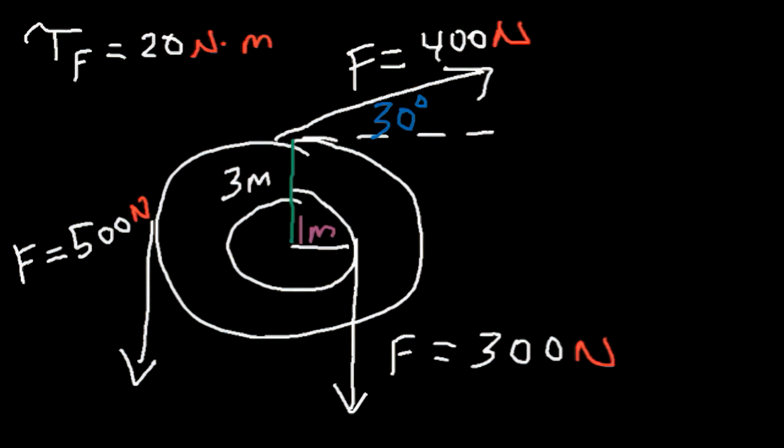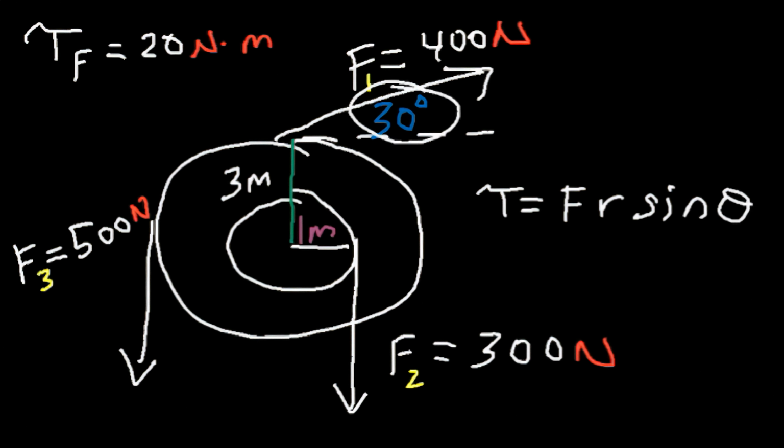So let's call this force F1, F2, F3. So how can we calculate T1? We know that the torque is equal to the force times the moment arm times sine theta. But should we use this angle? It turns out that we shouldn't use that angle.